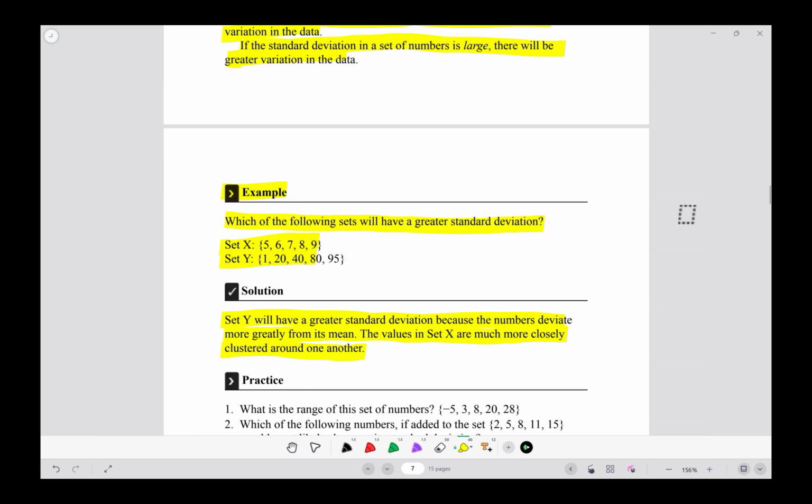In set Y, the numbers are not closely clustered to each other. Closely clustered to one another is a very important term. But for X, the numbers are closely clustered to each other. So that's why Y is going to have a greater standard deviation.